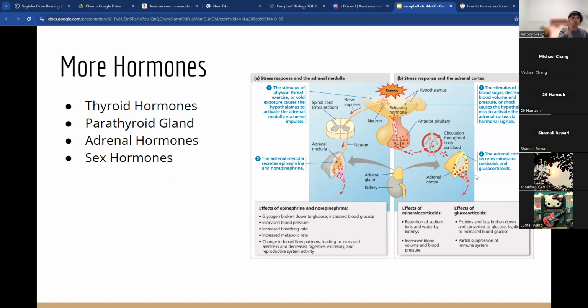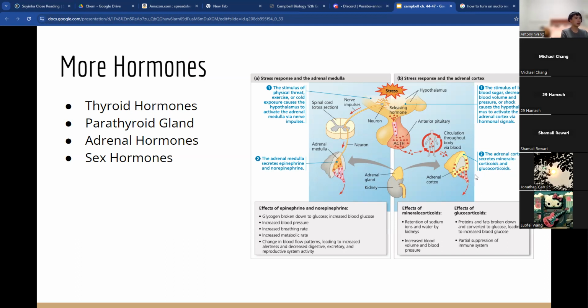Because of the glucocorticoids, stress can actually physiologically depress your immune system. And this is, I guess, one way that being stressed can lead you to be sick more often.